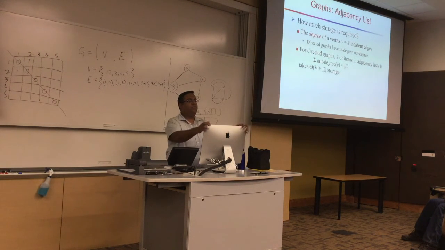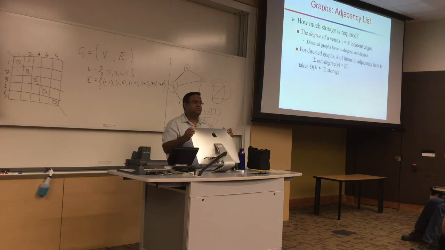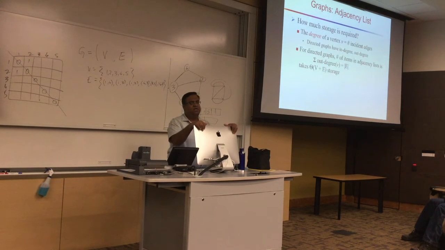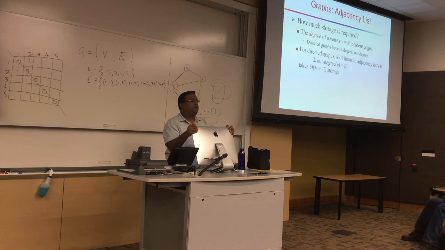Is it better than order of V squared? What is usually smaller, the number of vertices or the number of edges? Vertices is smaller.